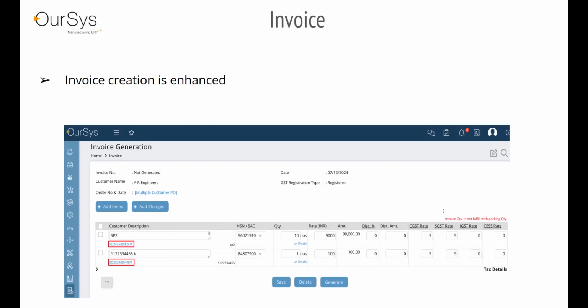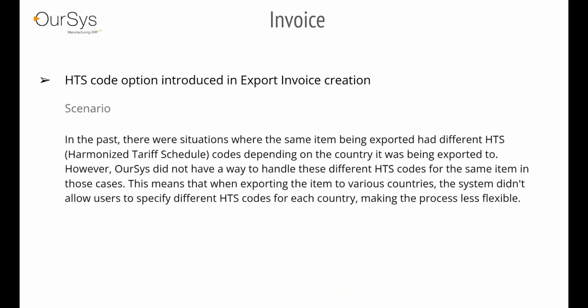HTS code option introduced in export invoice creation. Previously, when the same item was exported to different countries, it might have had different HTS codes for each country. However, OurSys would not allow the user to enter different HTS codes for the same line item based on the country it was being exported to.